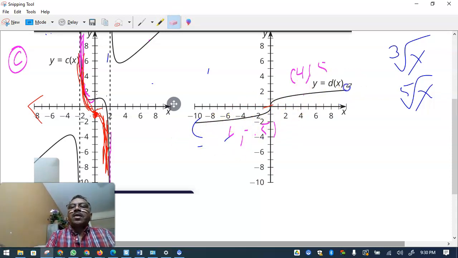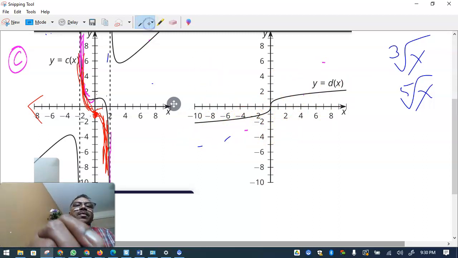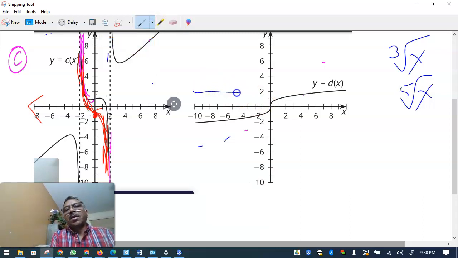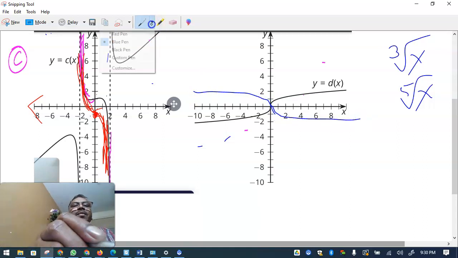And you can always check another way. Let me first reflect over the y-axis. So this will go something like this. See? This first you reflect, and then you reflect over the x-axis.